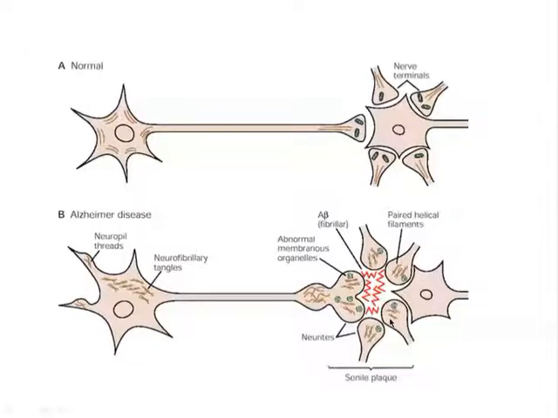In between the neurites, there is A-beta fibril. So the whole thing looks like a plaque, and that is called senile plaque. From the presynaptic neuron to the postsynaptic neuron there is a long gap, and that is the change in Alzheimer's disease. Am I clear to you all?